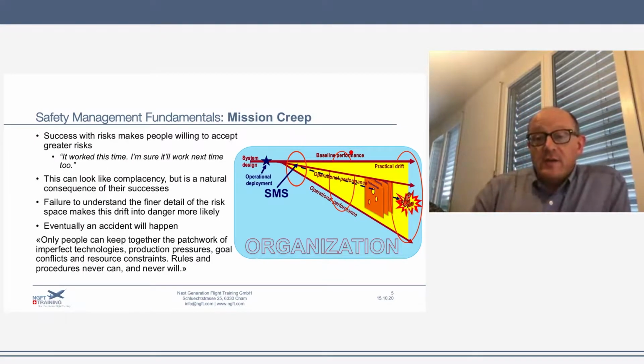Now, given that, as I said in the beginning, the company is run by people, we have the issue that only people can keep together the patchwork of imperfect technologies, production pressures, goal conflicts, and resource constraints, okay? And what we also have to understand is that rules and procedures never can and never will provide that, okay?